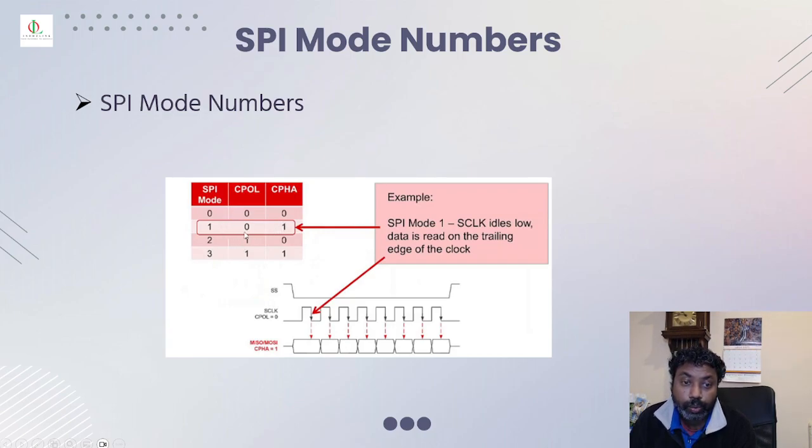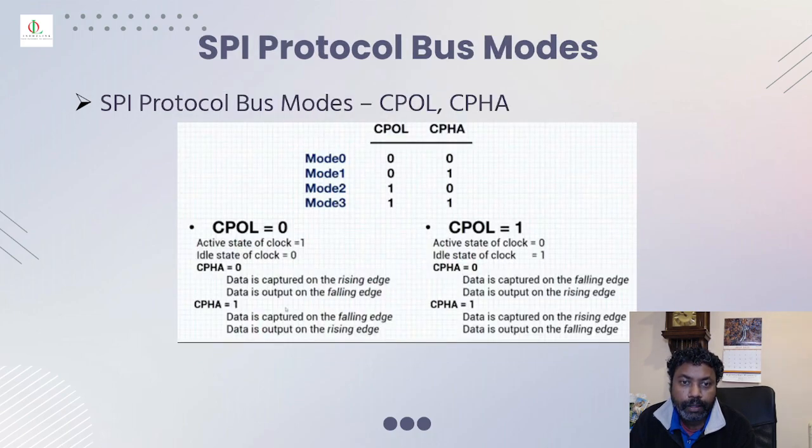If clock polarity is 1 and clock phase is 0, then that's SPI mode 2. For mode 3, both are 1. In this example, it's shown for mode 1, so CPOL equal to 0 and clock phase 1 captures the data on the trailing edge. So these are the mode numbers.